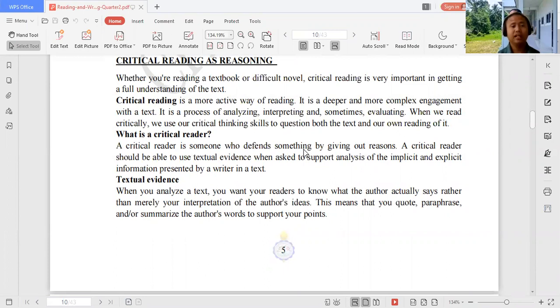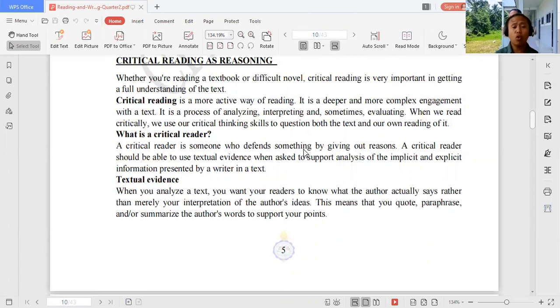From the word critical, it means you are not easily persuaded by what you're reading, but you have critical thinking. You tend to think first of its content. You are not easily persuaded.